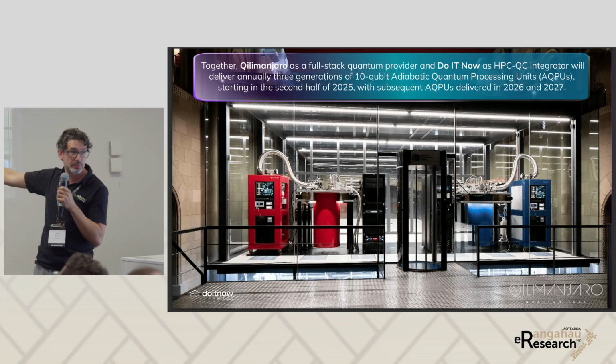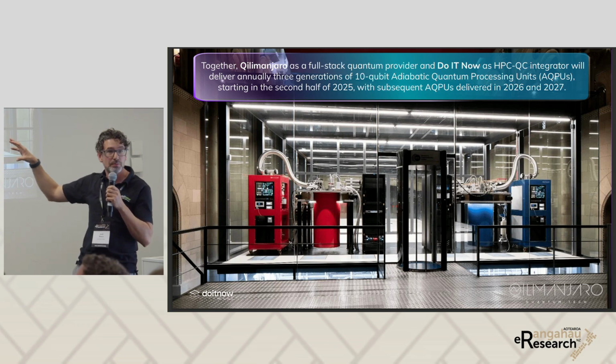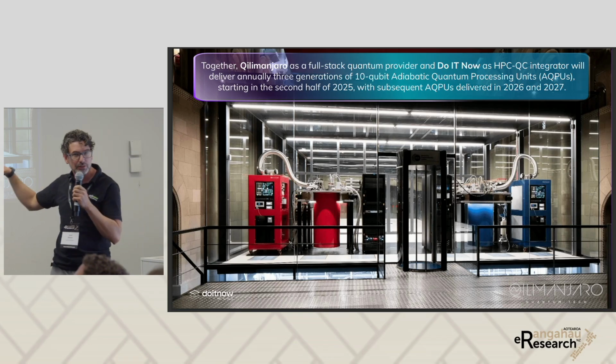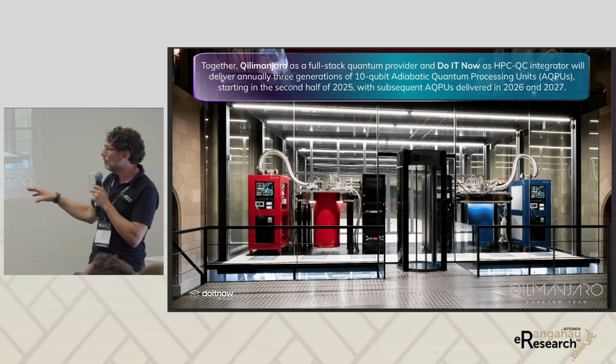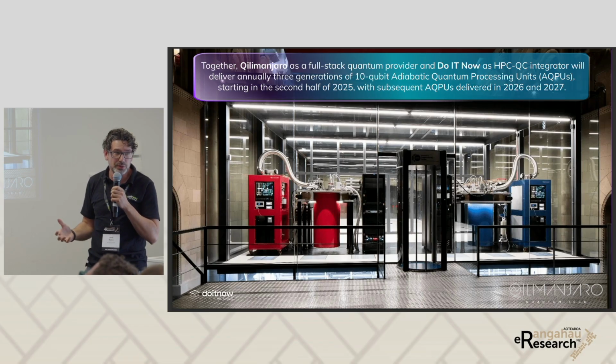This is the Barcelona Supercomputing Center. It's sitting in the old chapel where the Mare Nostrum 3 and 4 were located. Now Mare Nostrum 5 is a lot bigger and cannot fit in that room. It's sitting in a building next to it, and now that chapel is hosting the quantum computers.